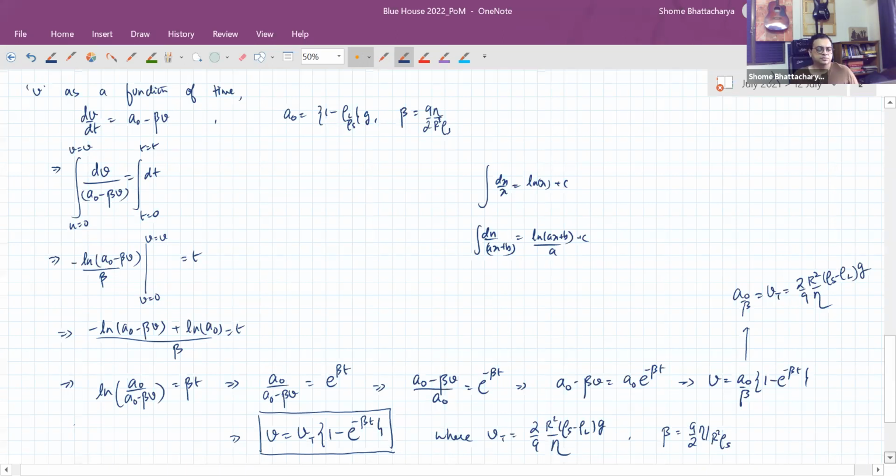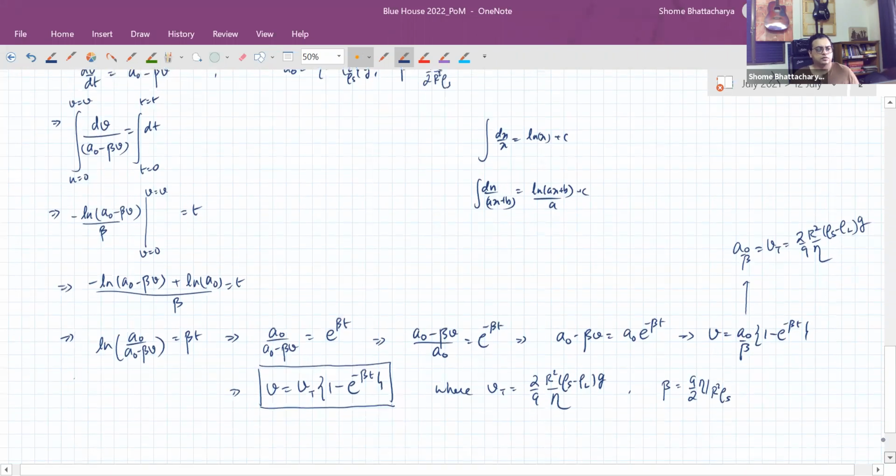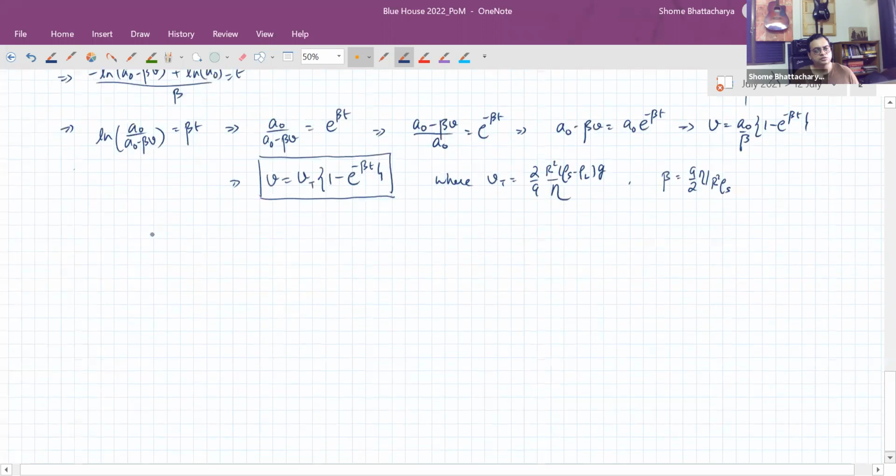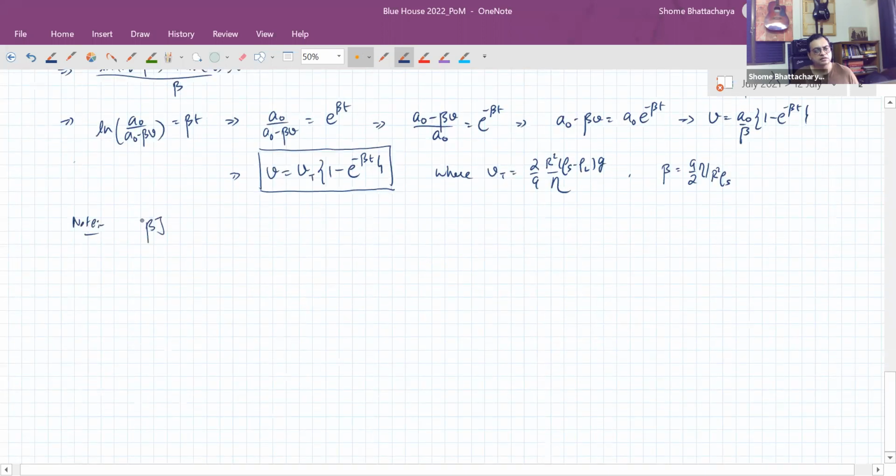Okay, so let's analyze this a bit further. One thing you can see over here is that the quantity beta has dimension of time inverse, because the quantity beta into t is basically a dimensionless term.